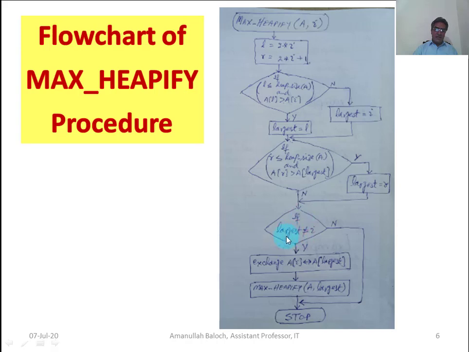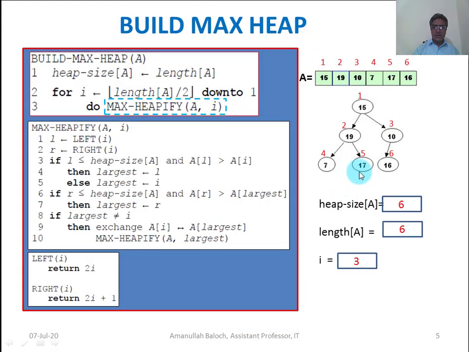Then the computer will check if largest is not equal to I. The largest value is 6 and I is 3, 6 is not equal to 3, so it will exchange A of I with A of largest, that is A of 3 and A of 6 will exchange. These two values will exchange: 16 will take the position of 10, and 10 will take the position of 16.